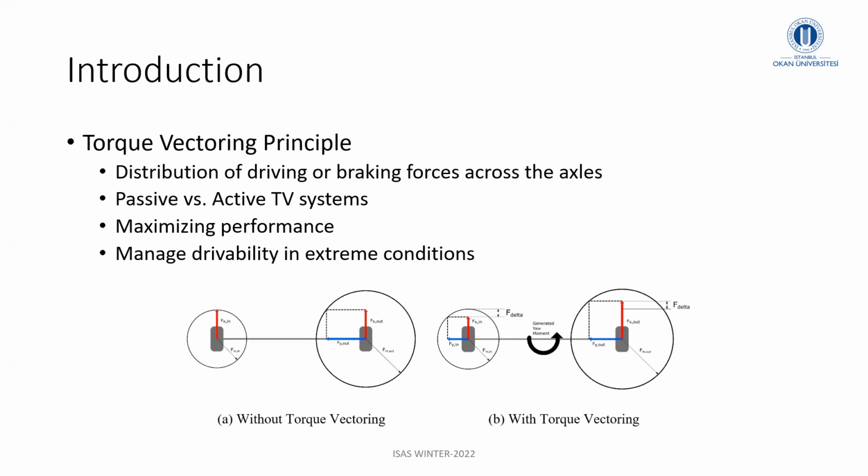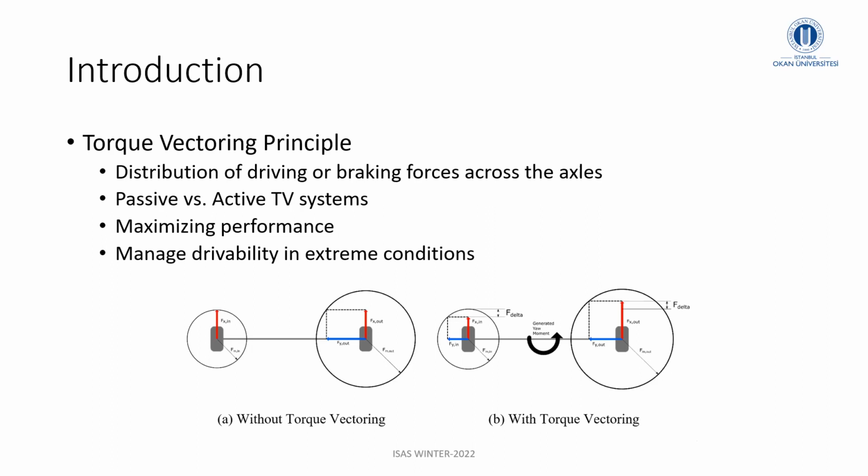Torque vectoring is basically a stability system which distributes the driving or braking forces across an axle or across both the axles to generate a corrective yaw moment. Passive torque vectoring systems rely on only braking, which has its advantages for safety purposes, but it usually degrades the vehicle's longitudinal performance.